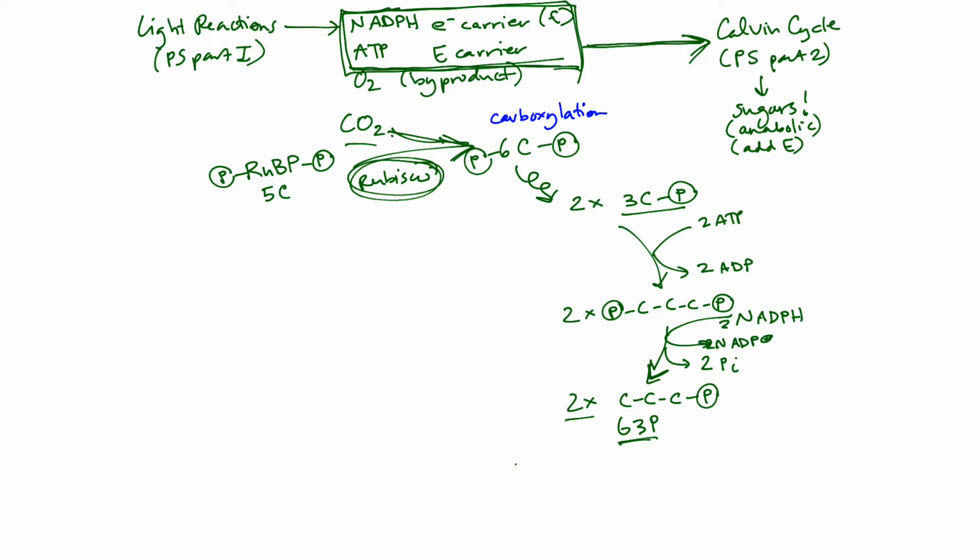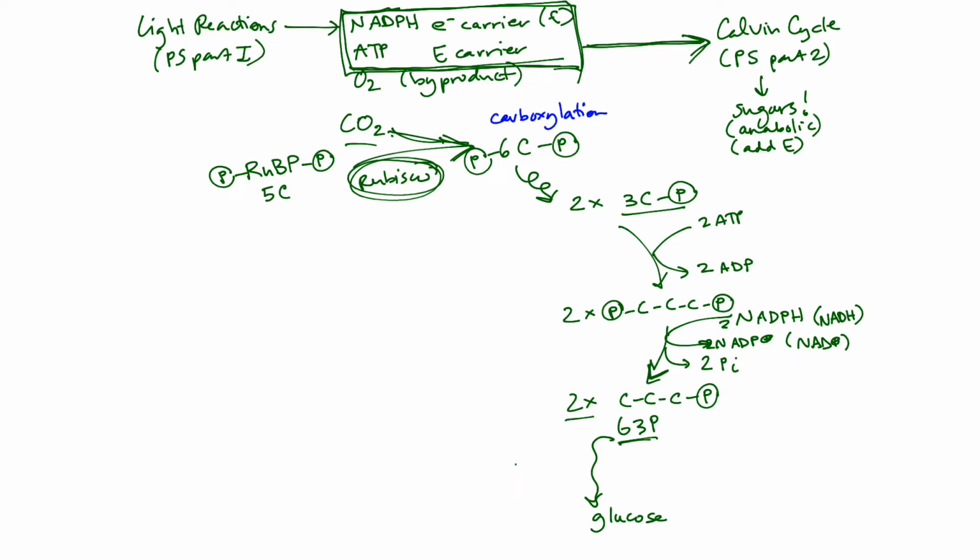Now, NADPH and NADP+ are just like NADH and NAD+. It's just that they have a phosphate group on them. Now that we have these molecules of G3P, one of the G3Ps is actually going to go off into the cytosol and be processed into glucose.